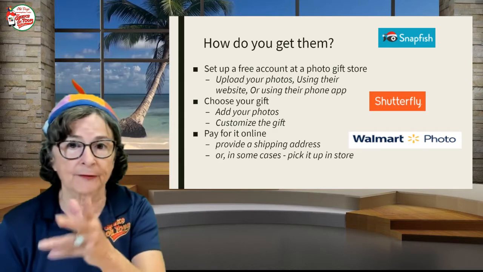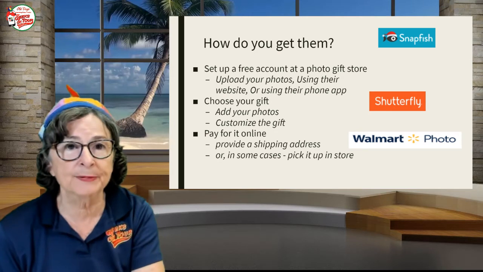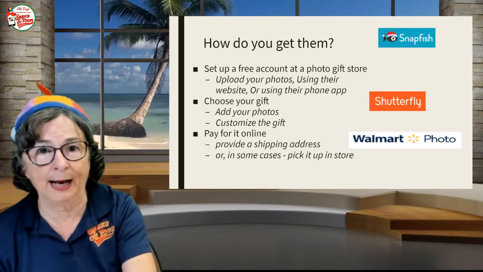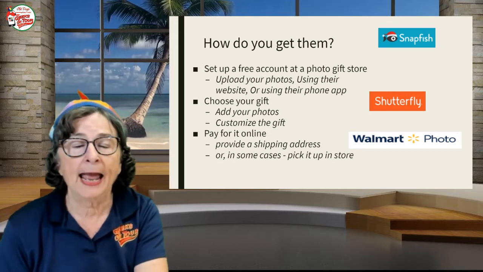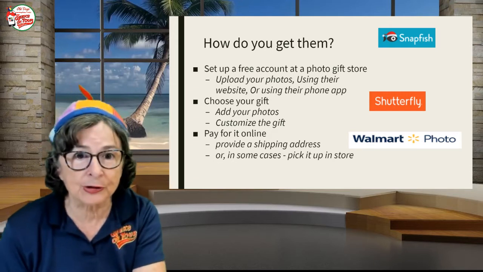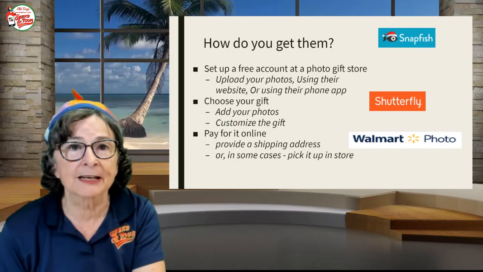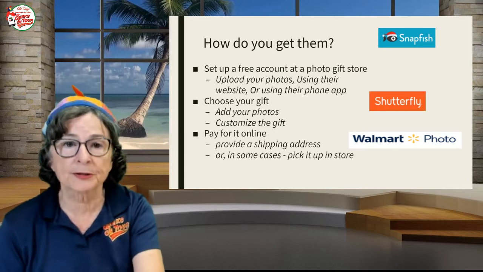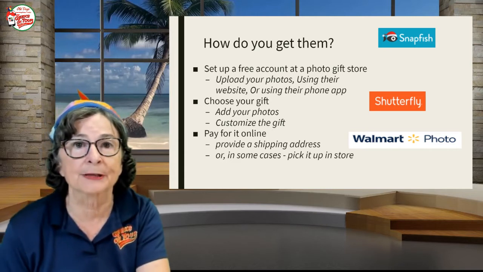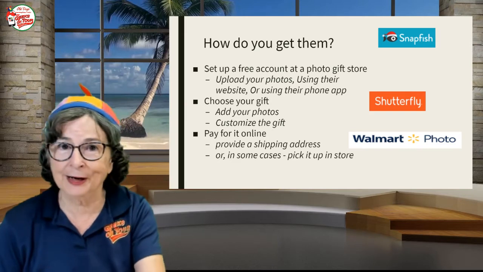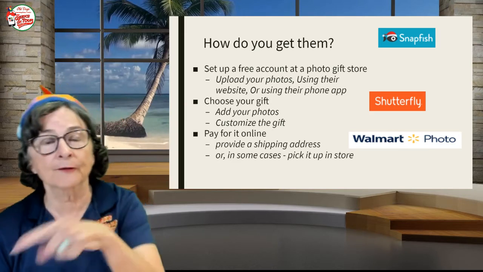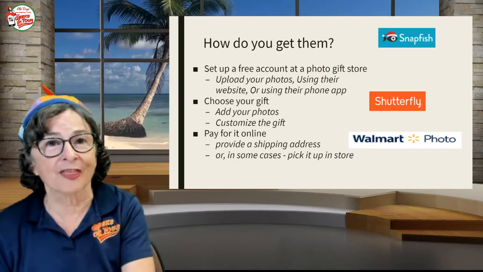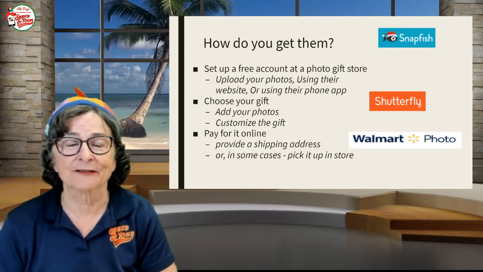So all three of these have a website and a phone app. Then you choose the type of gift you want, and then you add your photos to it. You pay for it, give them a shipping address, or in some cases you can pick it up in store. Give them a credit card number, and you get your gift in the mail. Or your friend, if you gave their address, gets their gift in the mail.